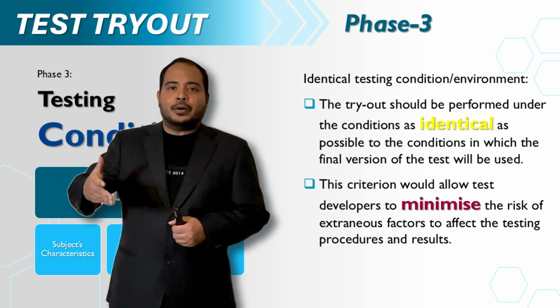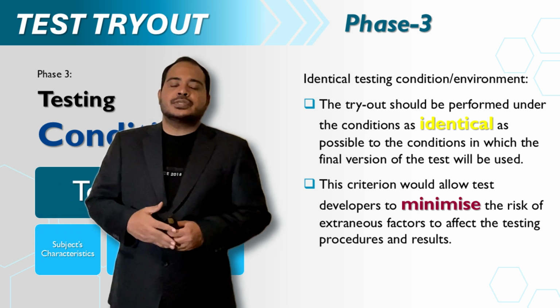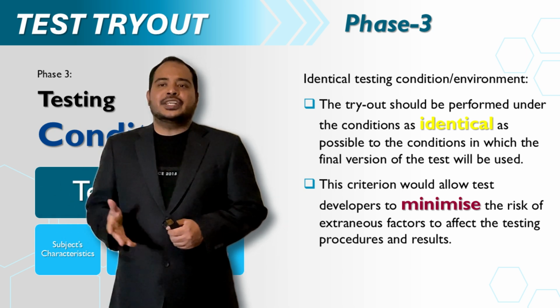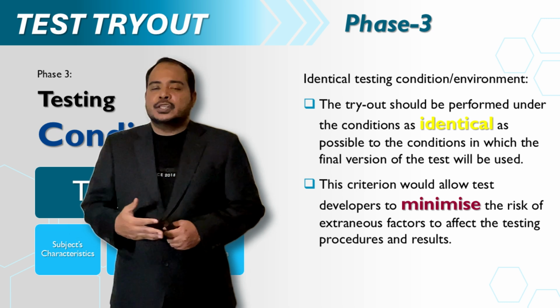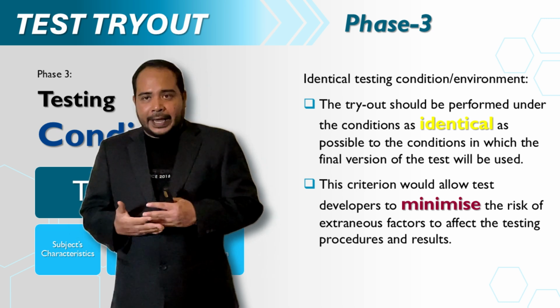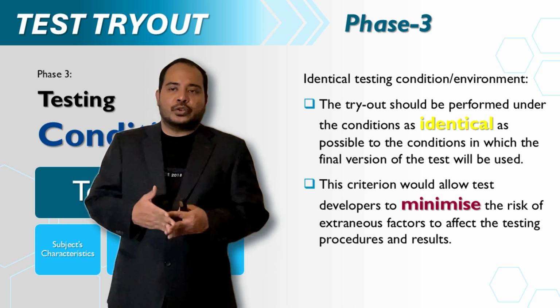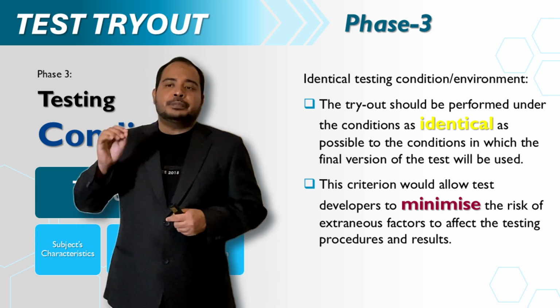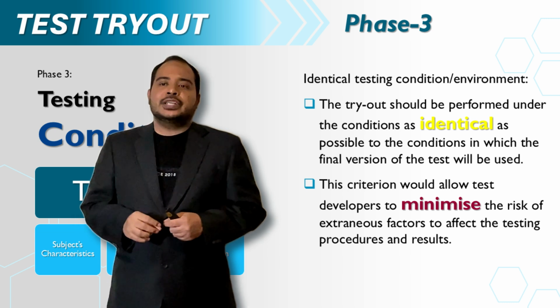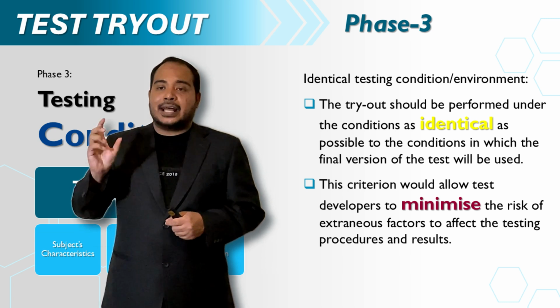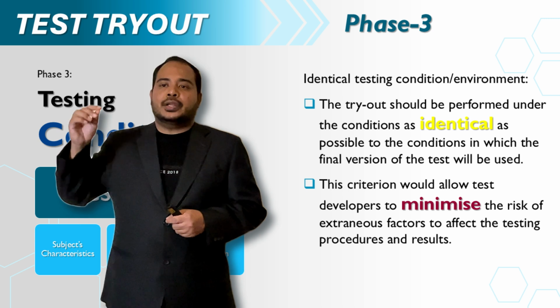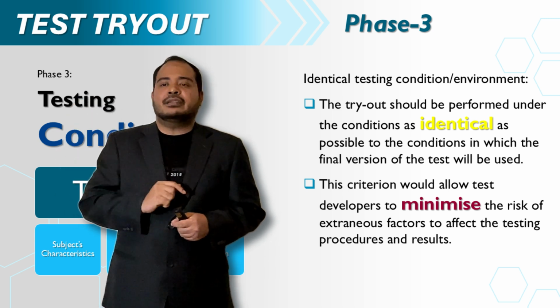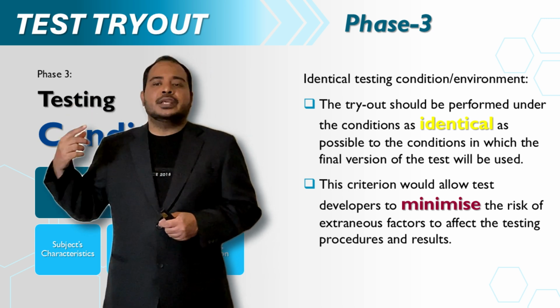Another important factor under tryouts is to make sure the testing condition is appropriate, so we have to find identical testing conditions or testing environments. The tryout should be performed under conditions as identical as possible to the conditions in which the final version of the test will be used.